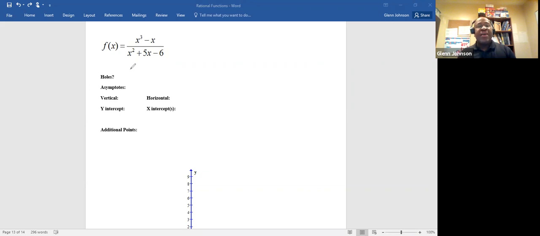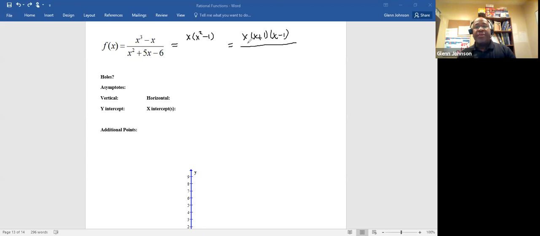Identify any holes in the graph. So now to do that, we have to factor this out. So now if we do the factoring up top, that's going to be x times x squared minus 1. We have a common factor, which we can further factor as x times x plus 1 times x minus 1.